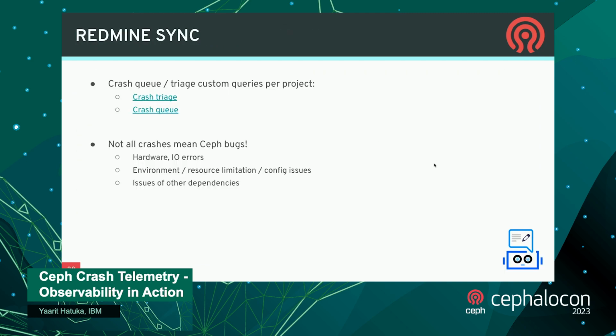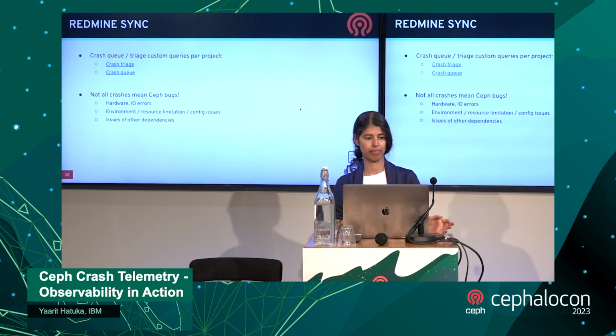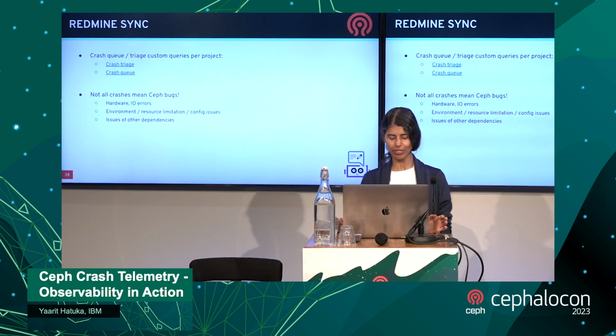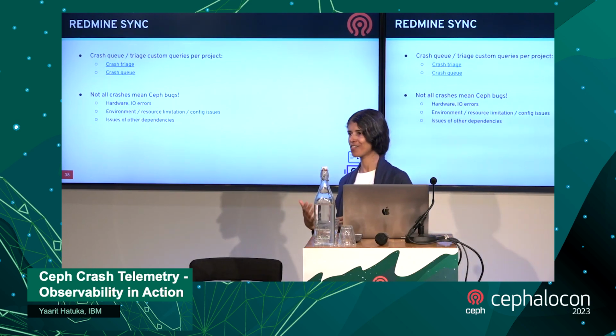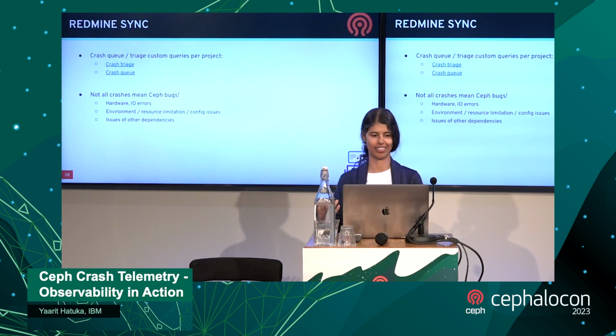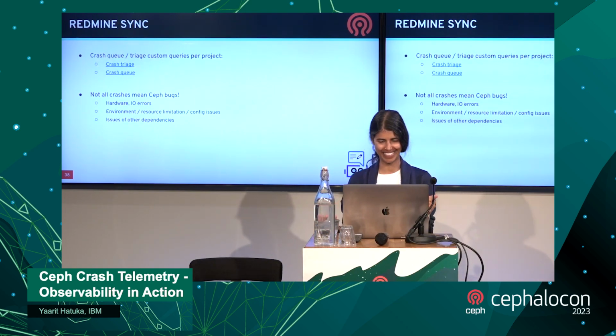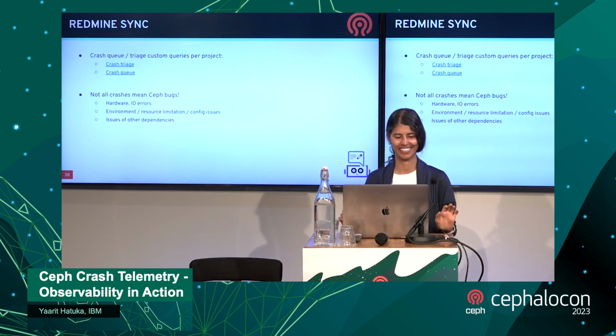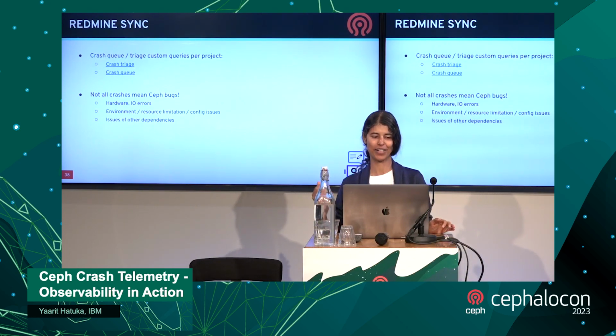Okay, so we do have a crash triage and queue custom queries per project in Redmine. Now it's important to mention that there are a lot of crashes, but they're not all Ceph bugs. So sometimes we can take a look at the dashboard and be horrified that there are many crashes.